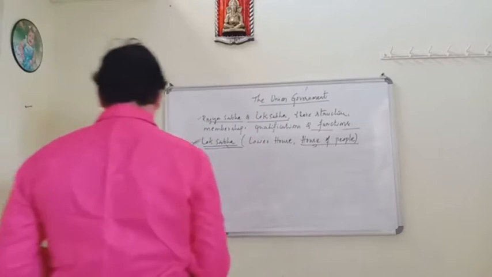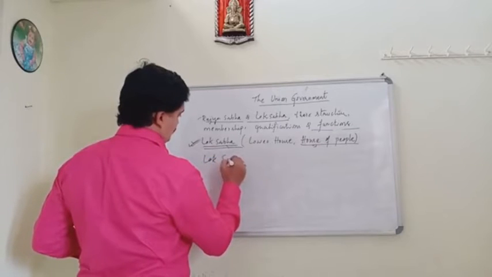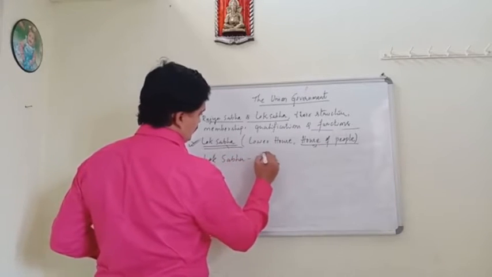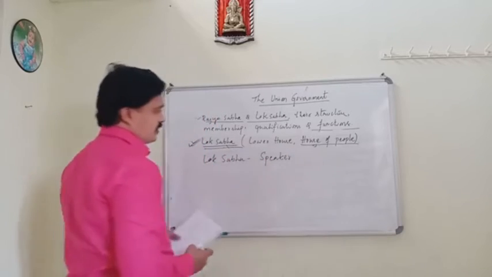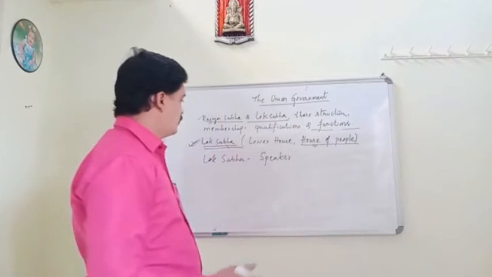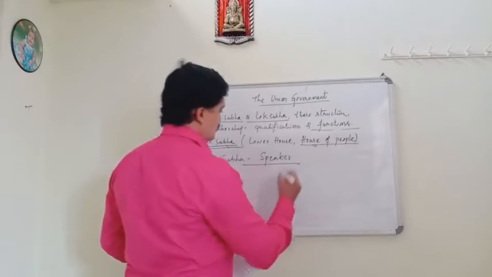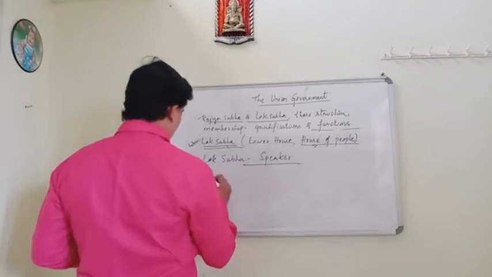Then the head of the Lok Sabha is the speaker, and the chairman of the Rajya Sabha is the vice president. Who is the head of the Lok Sabha? That is the speaker.